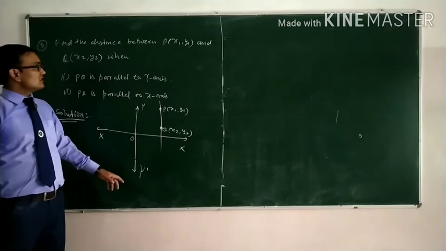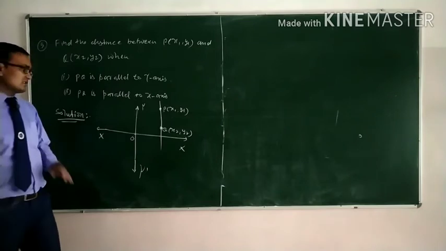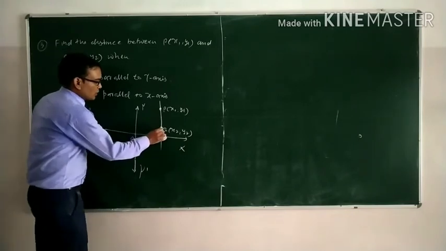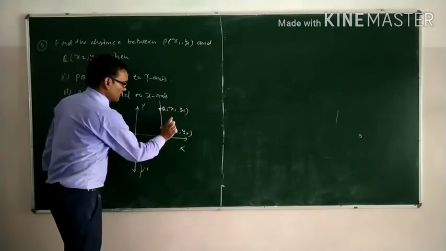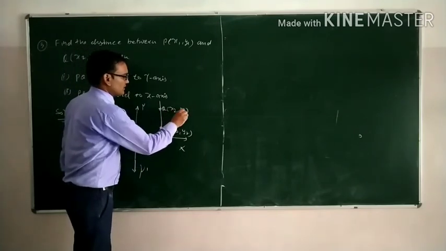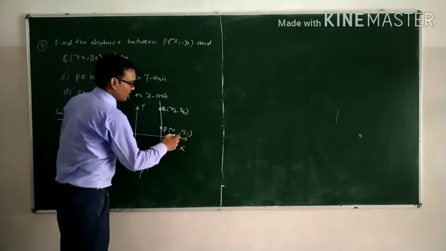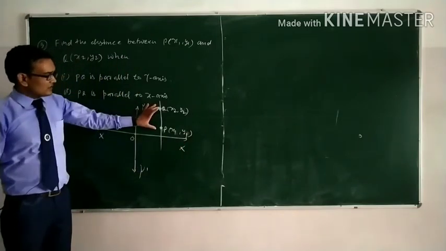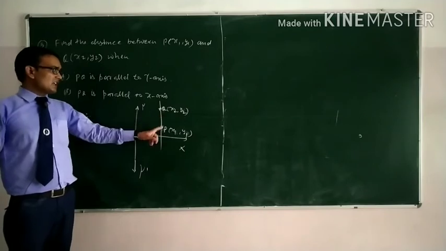Find the distance between P and Q, that means the length of PQ. Okay students, here Q and here P. The coordinate of Q is x2 comma y2 and coordinate of P is x1 comma y1. Find PQ, that means distance between P and Q.